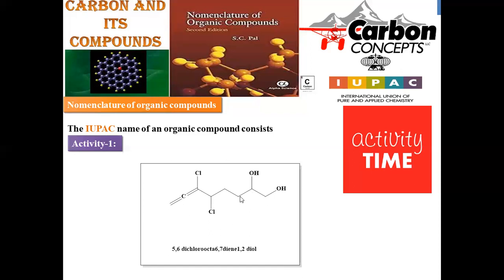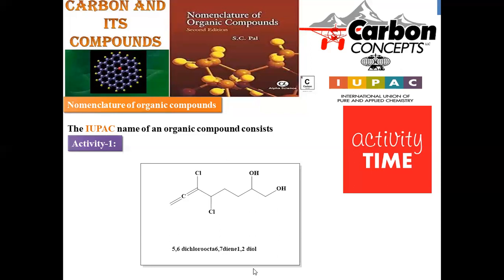So the fifth and sixth carbons bear chloro groups, 5, 6 dichloro, because on both carbons chloro groups are there. Now, let us count the double bond positions. 6th carbon double bond, even 7th carbon double bond, so that 6, 7 diene, because this is called an accumulated double bond again. 6, 7 diene. 1, 2 diol.